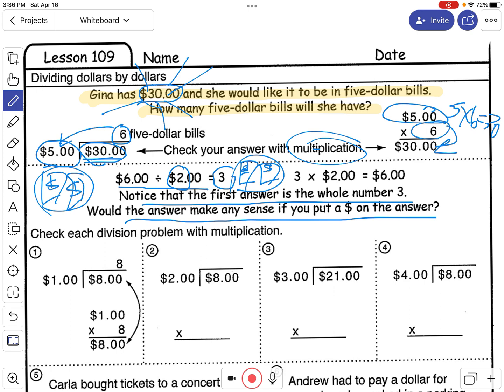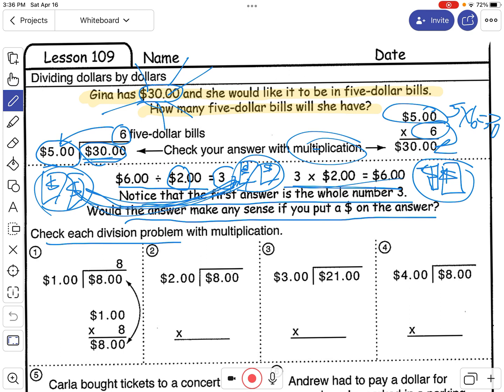It's 2 groups, you see, and then here's another group over here. There's a dollar and there's a dollar. There's a third group. So we have 3 groups of $2, and each group makes $6. And that's what they show you right here. 3 times $2 is $6.